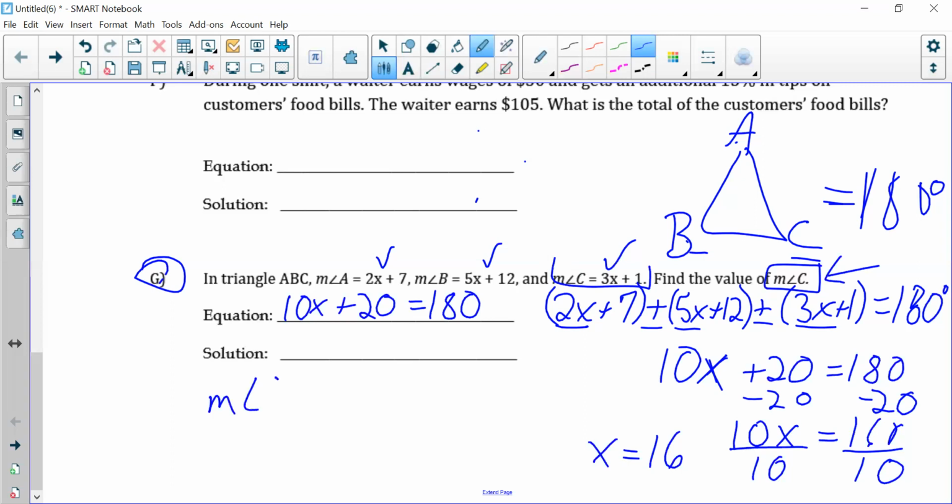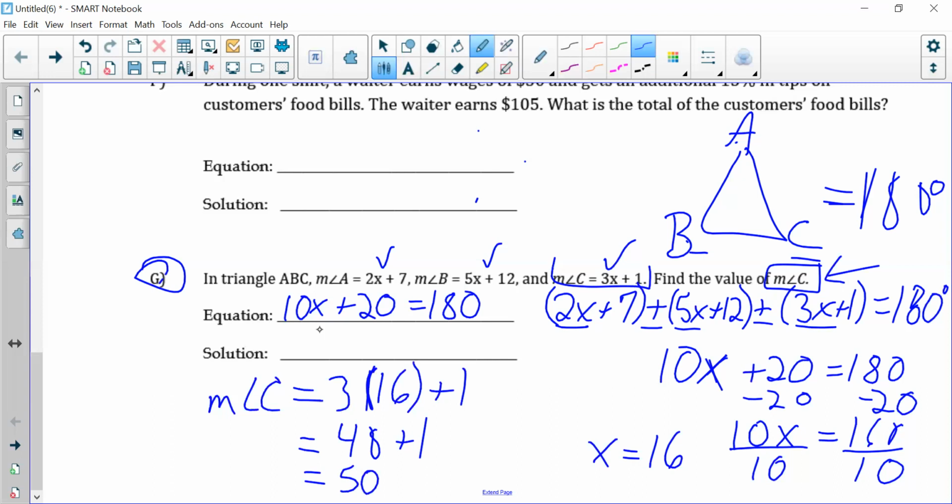Well, if x is 16, this is going to be 3 times 16 plus 1. All right, let's do some math. So the measure of angle C equals 48 plus 1. And 48 plus 1 equals 50. So the solution here is 50 degrees.